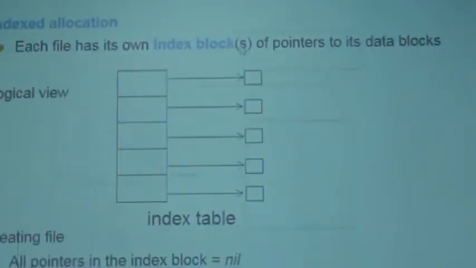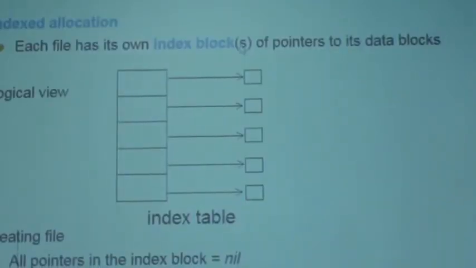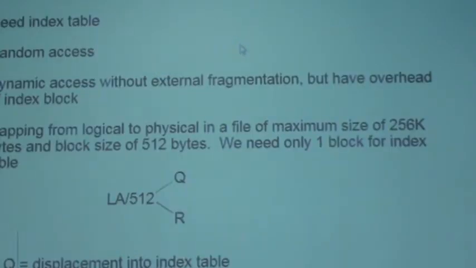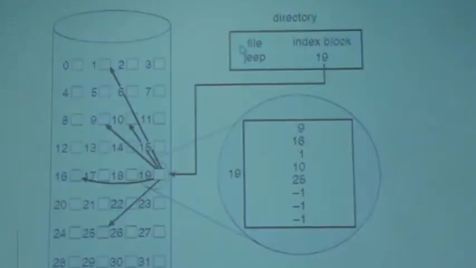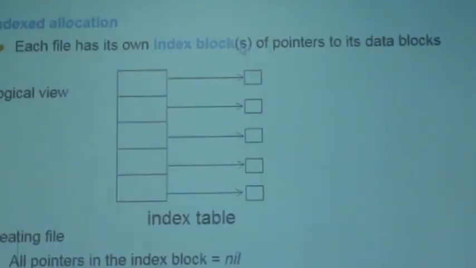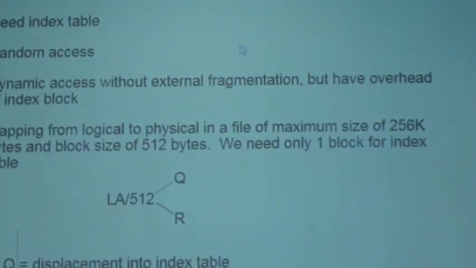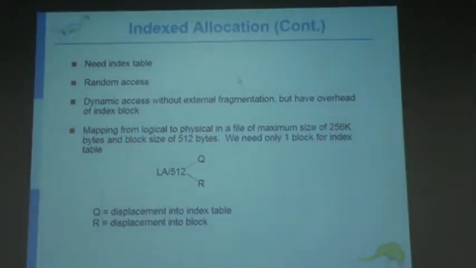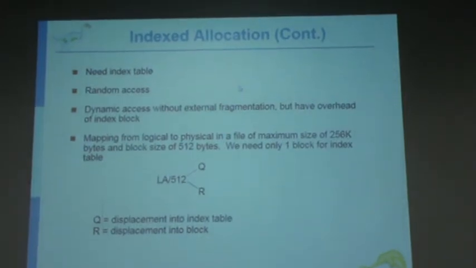The problem is we need more space, additional space to manage the index. So we need a definite index table in the data block. It allows random access to data.